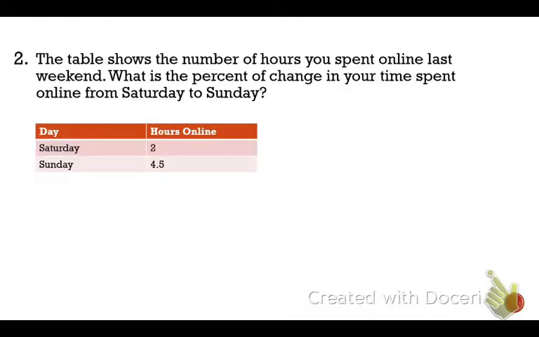But let's go back to the problem, okay? We're going to start with our original formula. Einar, what's the original formula we've been using today? Very good. We're going to take the amount of change and divide it by the original amount. Huang, how do I find the amount of change?